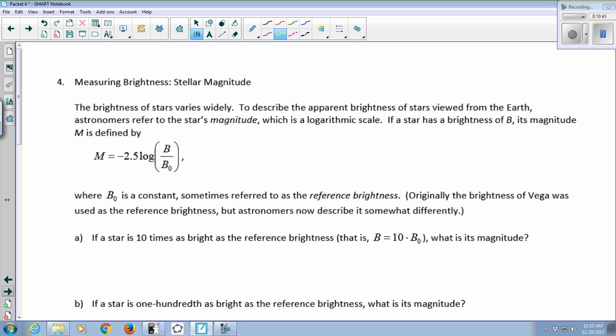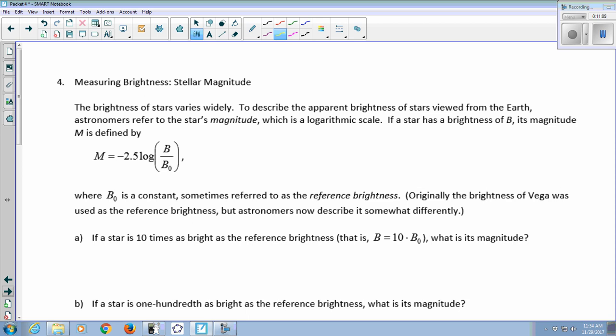Okay, we've got one more log scale to study. You can see we use log scales to measure a lot of real life phenomena: earthquakes, sound, pH, and now the brightness of a star. So astronomers use the word magnitude, just like we do with an earthquake.